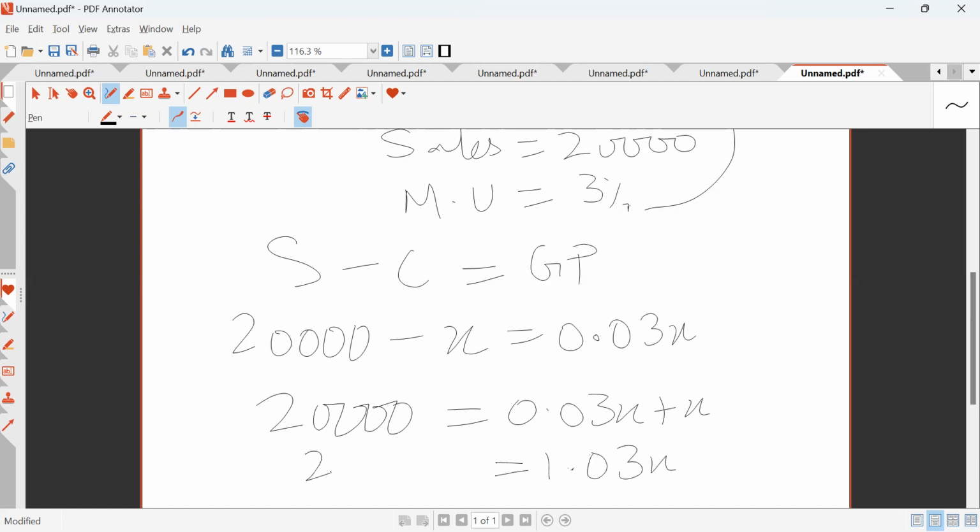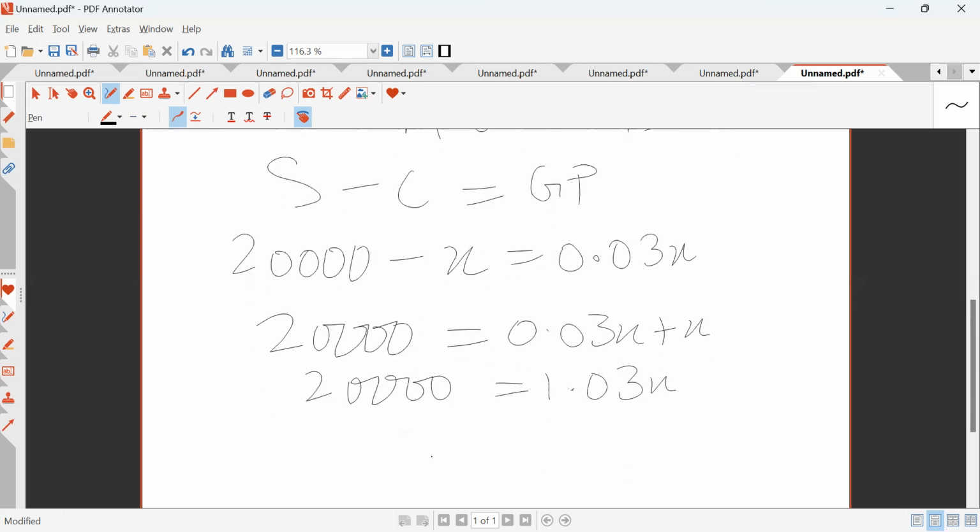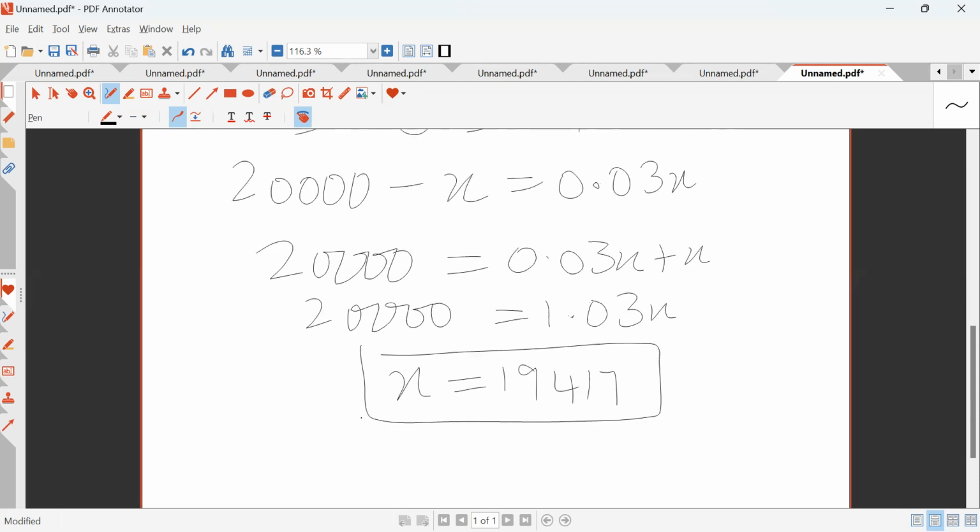1.03x equals 20,000. So it is going to be 20,000 divided by 1.03. Cost of sales is going to be 19,417. This is going to be my cost of goods sold, COGS.